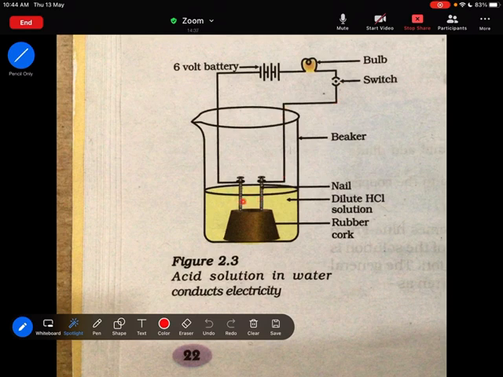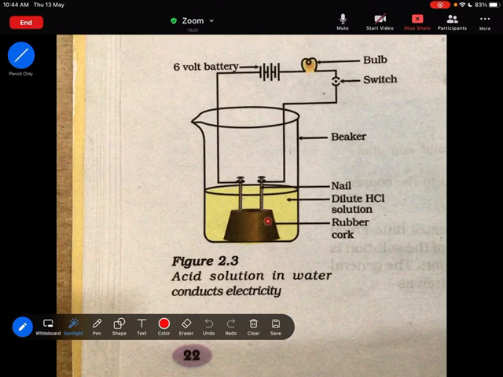And these nails are not touching. That means the circuit is incomplete, so the bulb will not glow. After that, you are putting this dilute HCl solution, and the bulb will glow. Before putting this dilute HCl solution, the bulb will not glow because the circuit is incomplete.